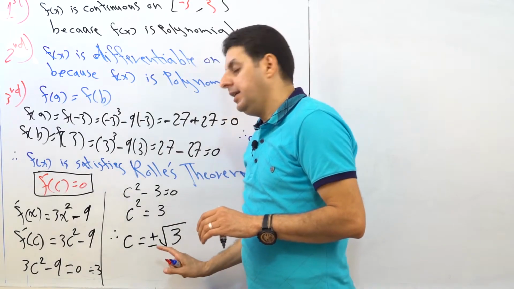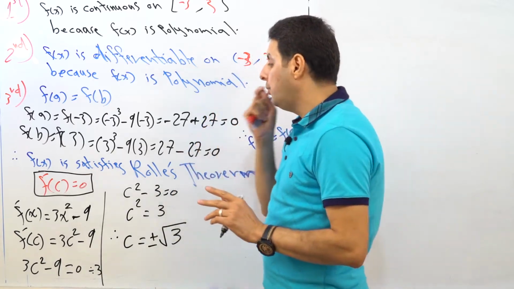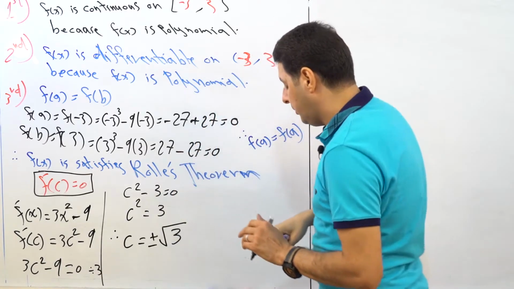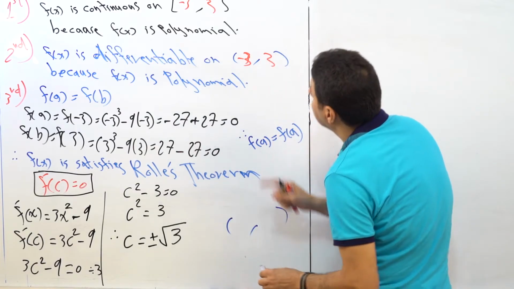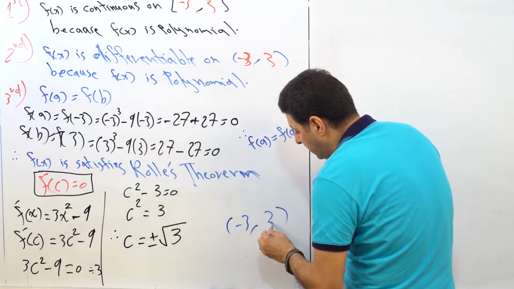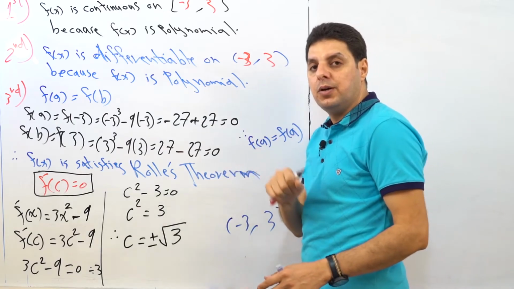Must be يجب أن تنتمي c belongs to open interval negative 3, 3. Is square root 3 belongs to or not?